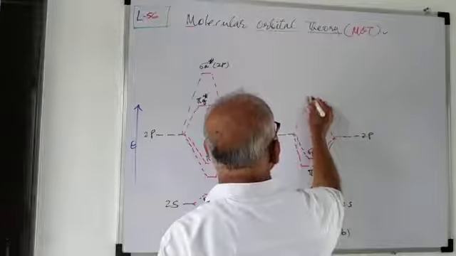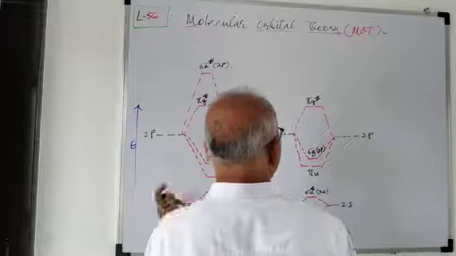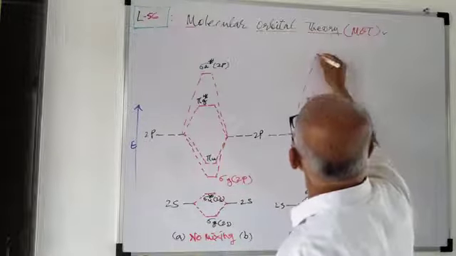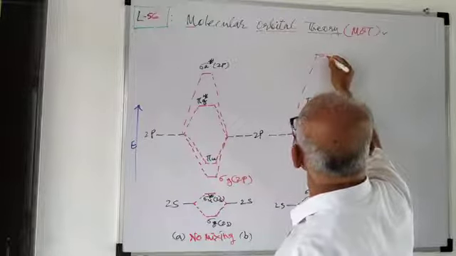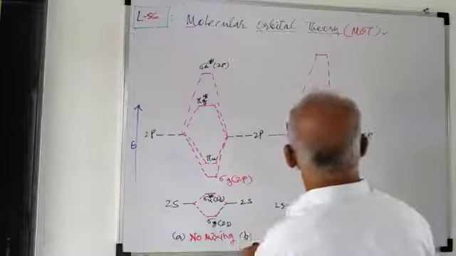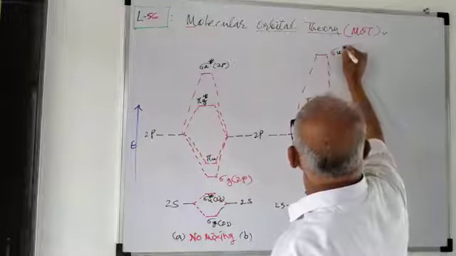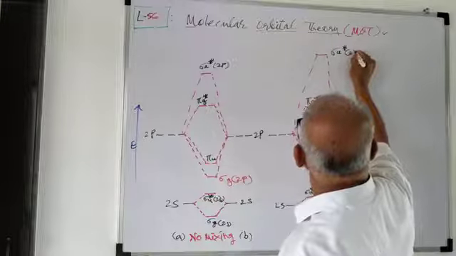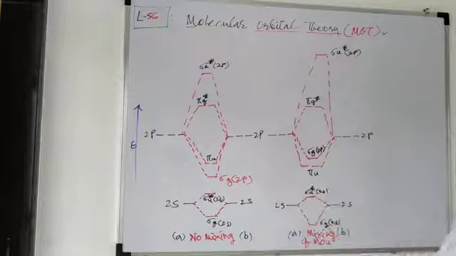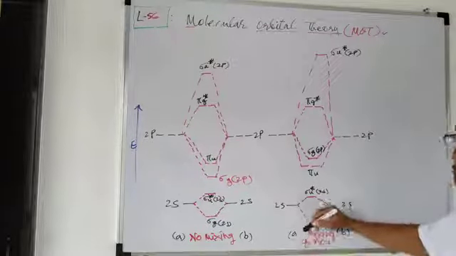So we will show that this is pi g star, and this sigma u will still go up in energy. So this is sigma u star 2p. So this will be the effect because of orbital mixing between the sigma molecular orbitals.